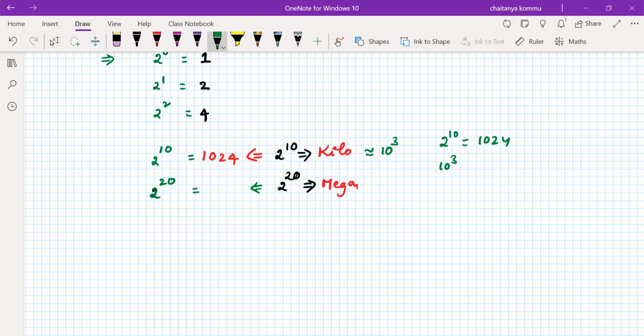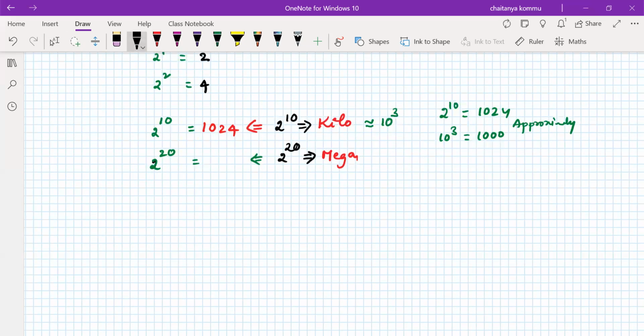So 10 to the power of 3 is 1000 and 2 power 10 is 1024, so both are approximately equal. But in the binary point of view, kilo means 2 power 10. Please remember that. Similarly, 2 power 30 is giga.